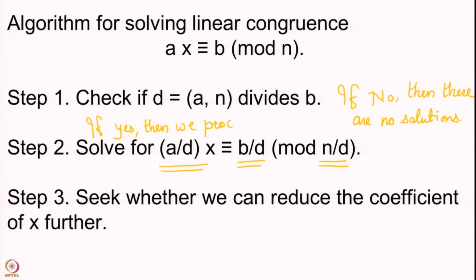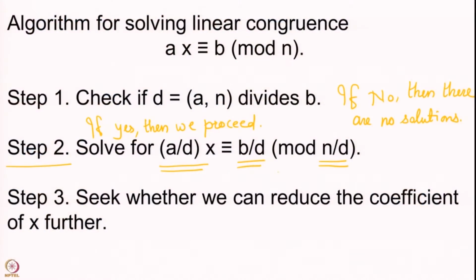This is what we do, and then we come to step 2, which is to solve (a/d)x congruent to b/d modulo the smaller modulus n/d. Having done this, the number of solutions has changed, because earlier we had d solutions and now, because the GCD of a/d and n/d is 1, we are going to get a unique solution.